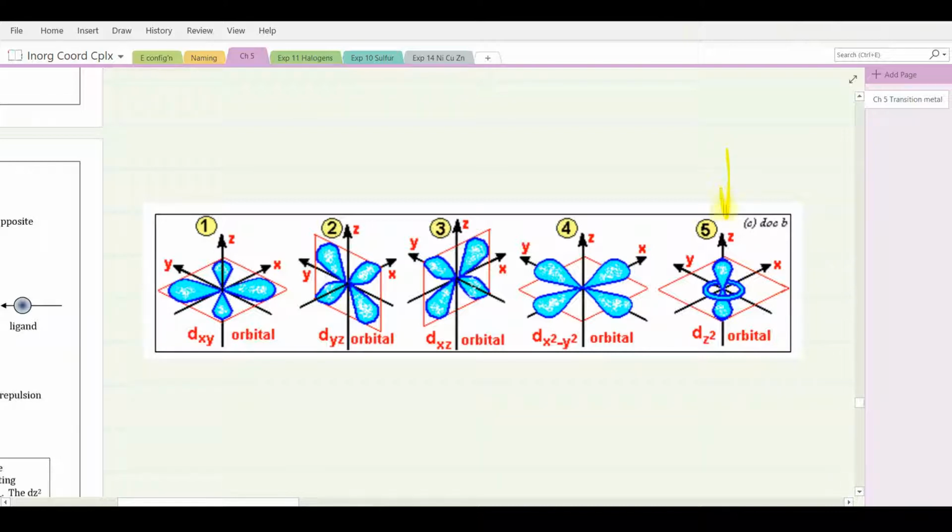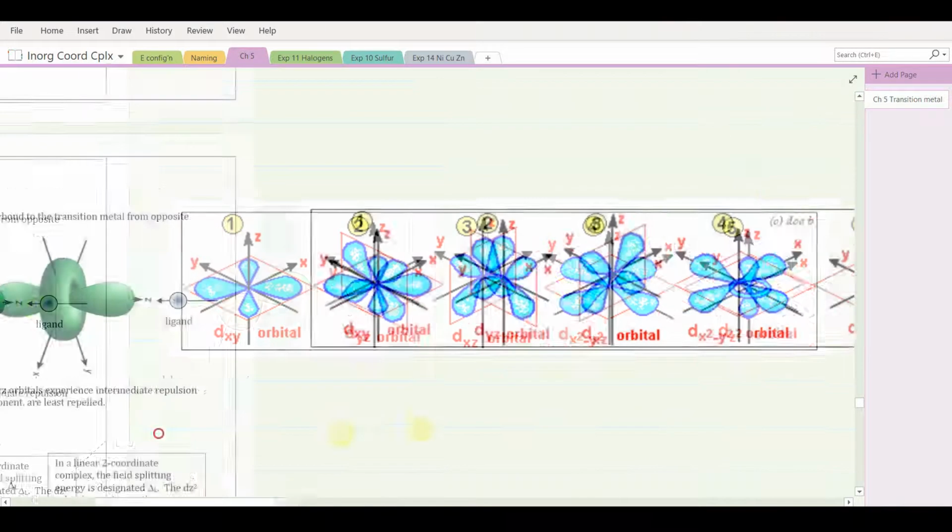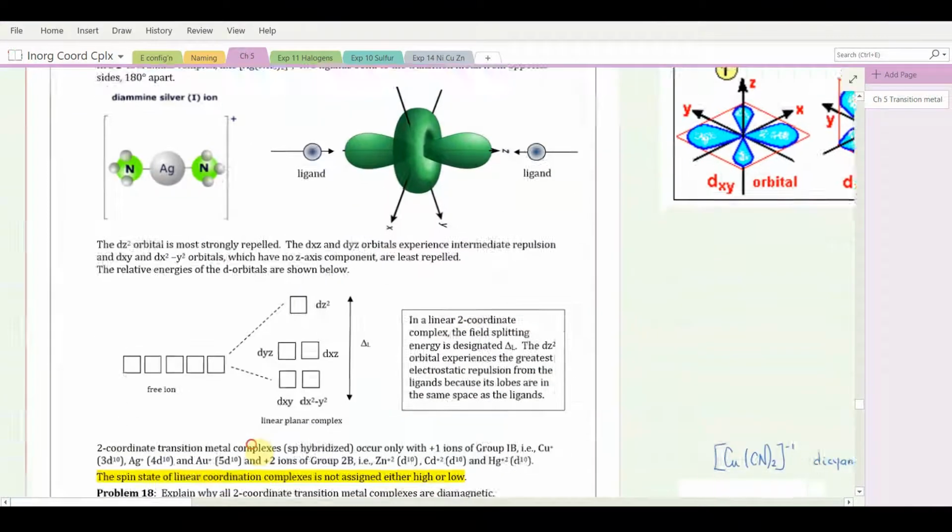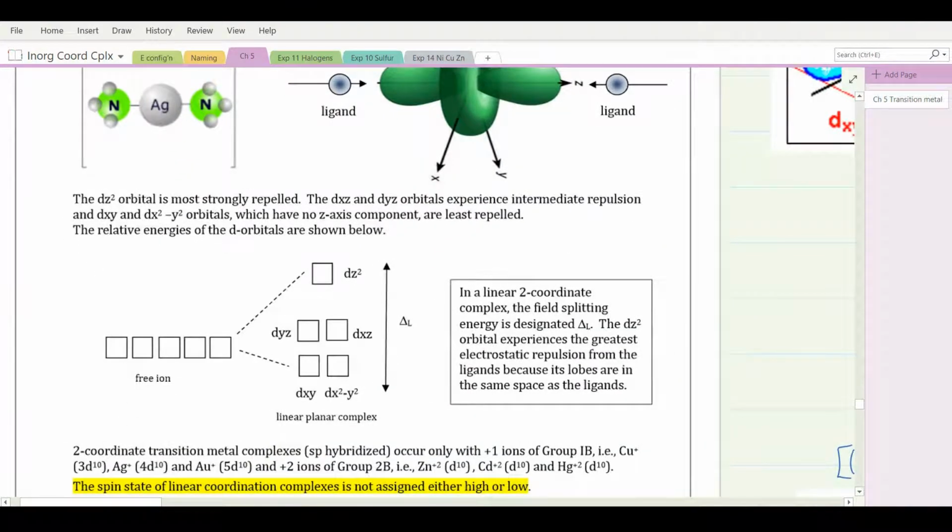Can you see that it would be the dz squared orbital that has all its electron density directly in line with ligands approaching 180 degrees apart? So in fact, if you look at our energy level diagram, the dz squared orbital is highest in energy.